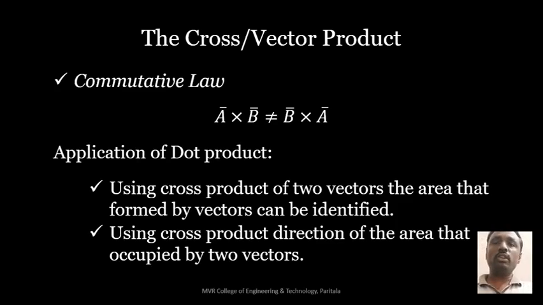So it will give us the result of area. So that area direction will give us the result of A bar cross B bar direction. You can see in the problems, no problem. Just you need to remember here. So by using A bar cross B bar, we need to identify both area as well as direction of the triangle that was formed by A bar and B bar.